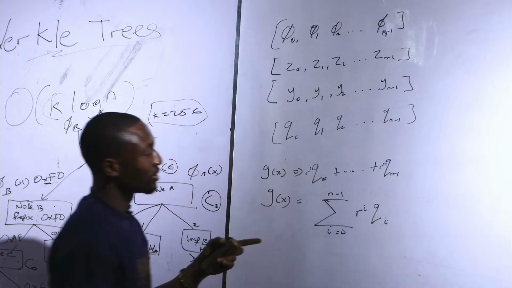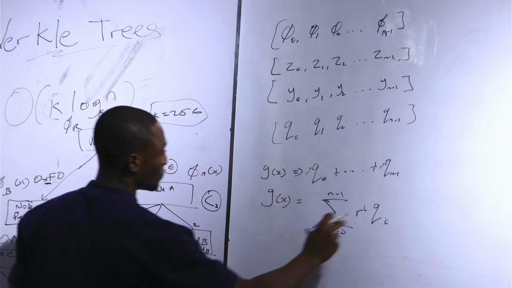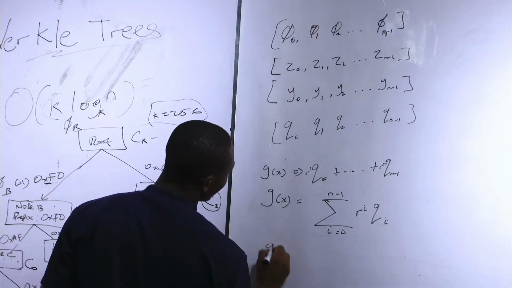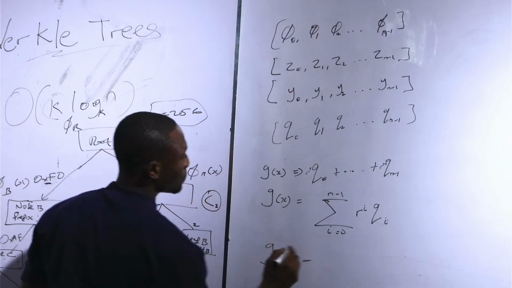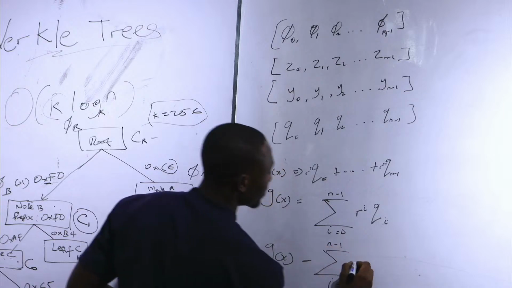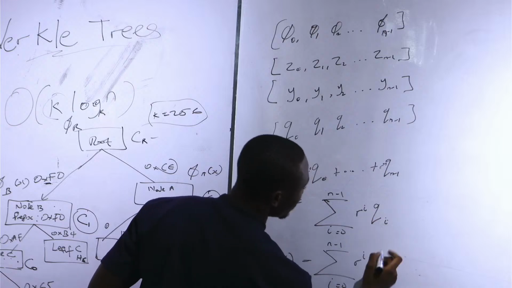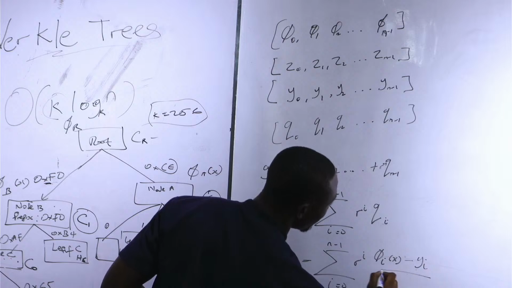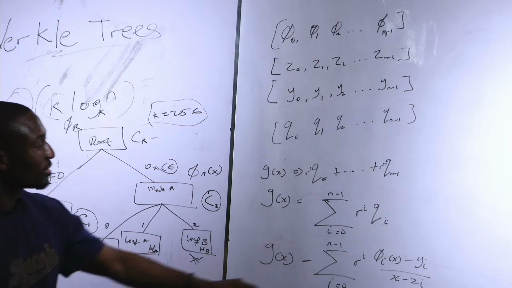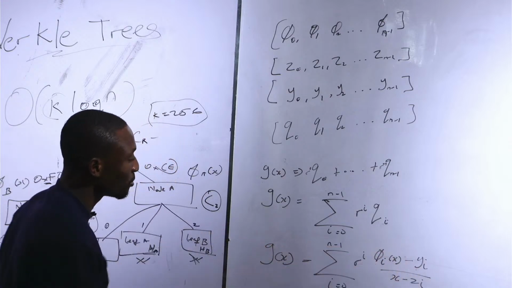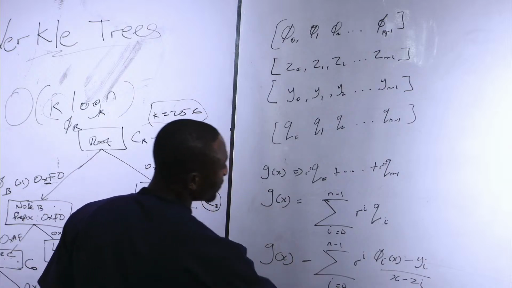We defined what a quotient was previously in the KZG scheme: Q of i is defined as the polynomial phi i of x minus y of i, divided by x minus z of i. So this is what G of X is equal to, the summation of these polynomials.